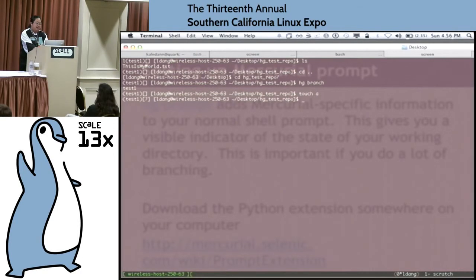How can I tell? Well, I suddenly added a file, and now it gives me a question mark. So I know that there's something that is new in this that I haven't saved. And when I do this, I can see that there's a file in there that is being untracked because I kind of know that question mark stands for untracked file. So by having these little clues, it makes it a lot easier for you to understand what's going on in your repository, to know where you are.